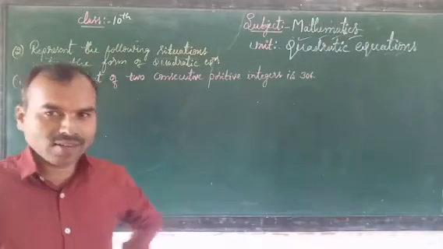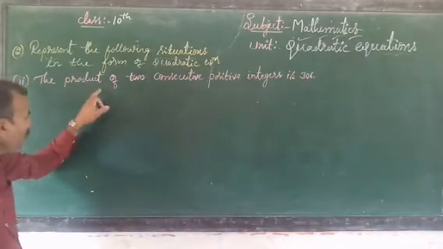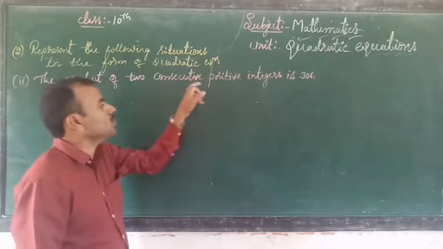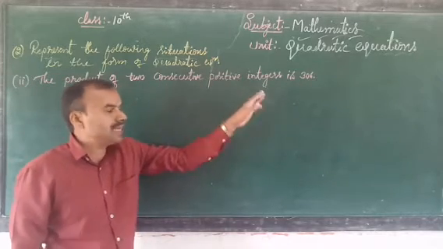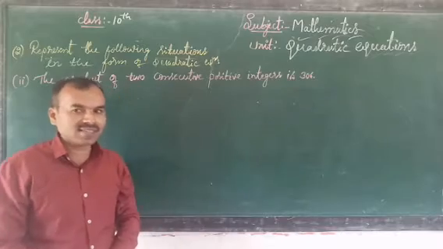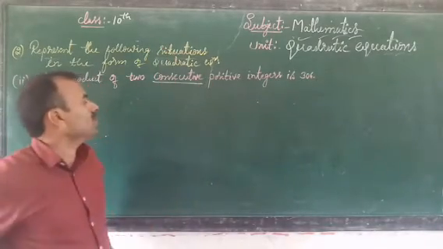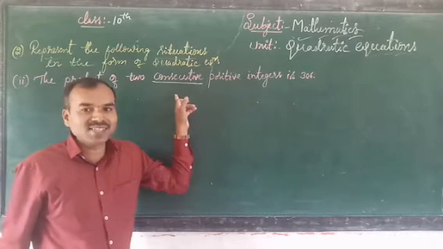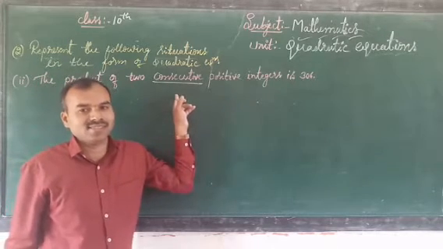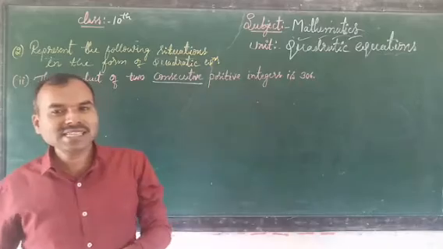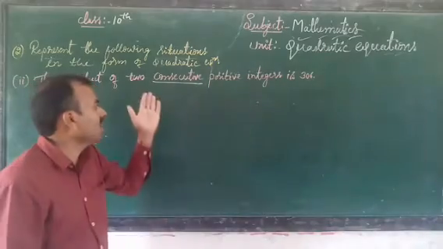Take the second one. The product of two consecutive positive integers is 306. Dear students, have you remembered the word consecutive? Yes. Consecutive means continuous.